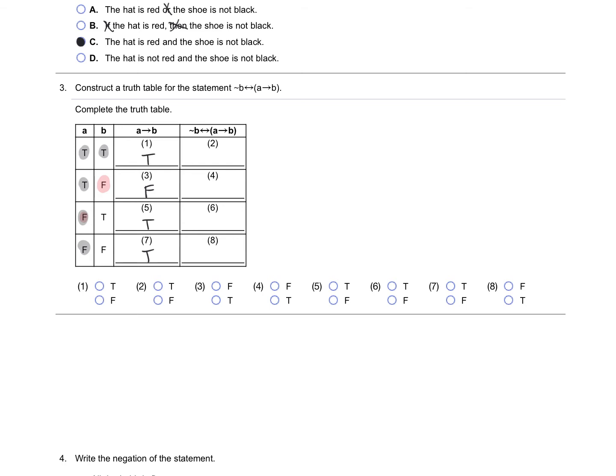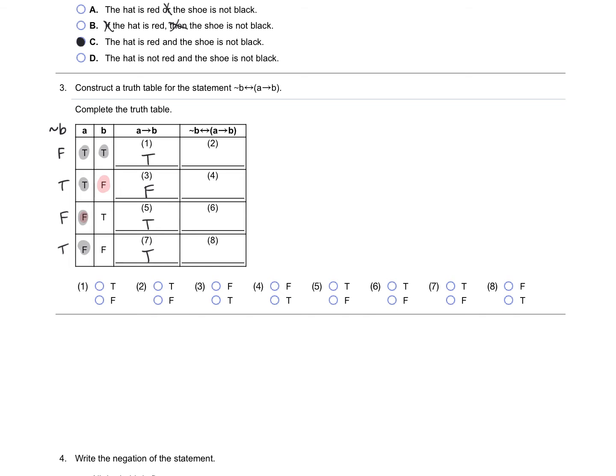This is the if-then statement. Then in number 2, we want to know not B if and only if A implies B. So we want to make a quick little chart for ourselves of not B. That would be false, true, false, true, because it's the opposite of B. If you have this biconditional, if they have the same truth value, then it's true.